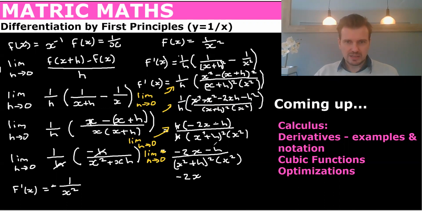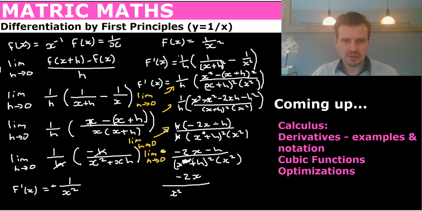And so we make h 0, so it becomes minus 0. And this becomes x squared, and then plus 0, so it just becomes x squared. And so this is x plus h squared.